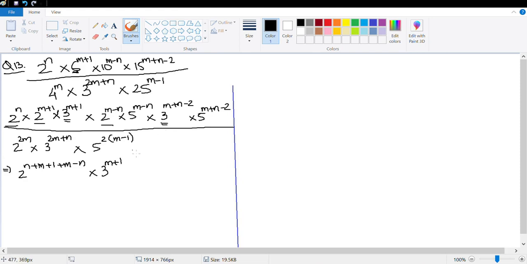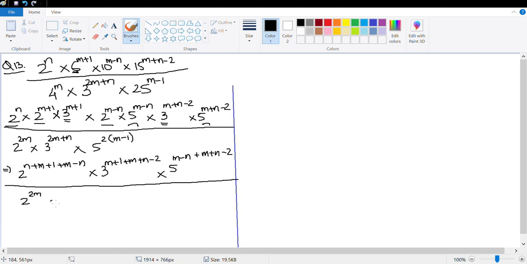Let's take this one, plus m plus n minus 2, multiplied with, now brings me to 5. So that's 5 to the power m minus n plus m plus n minus 2. Perfect. Divided by 2 to the power 2m into 3 to the power 2m plus n multiplied with 5 to the power 2m minus 2.